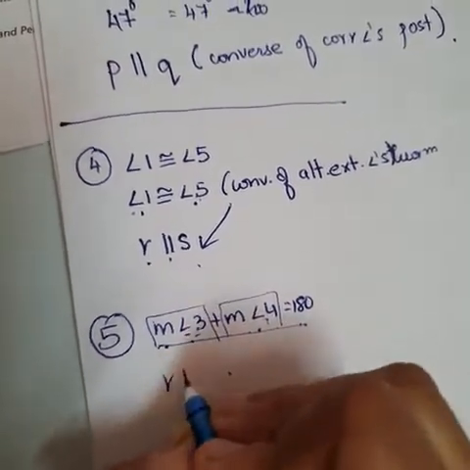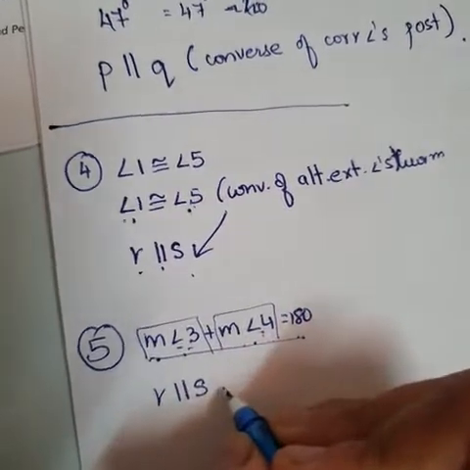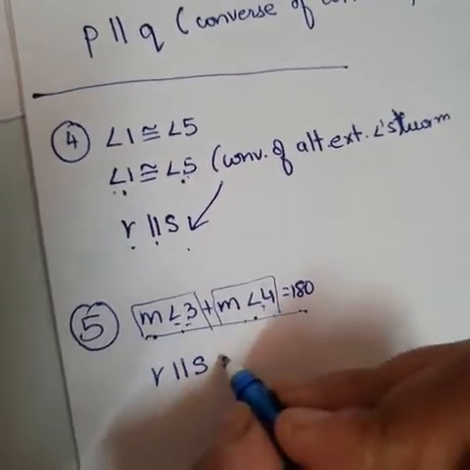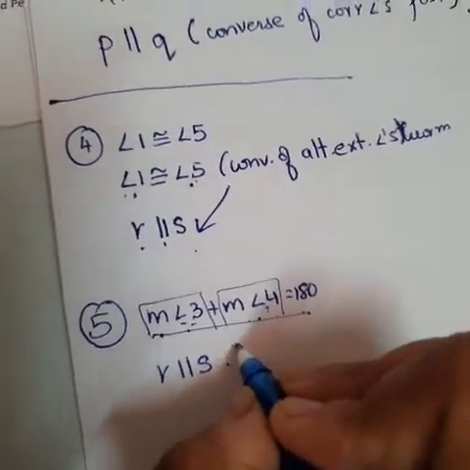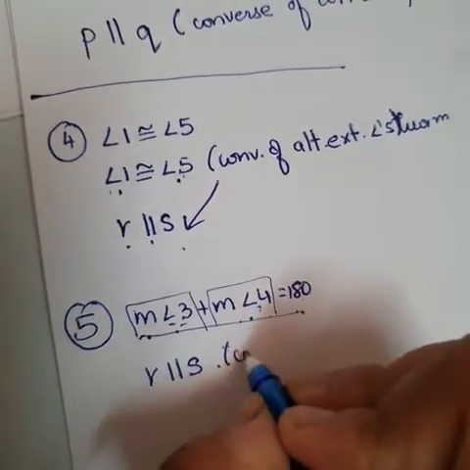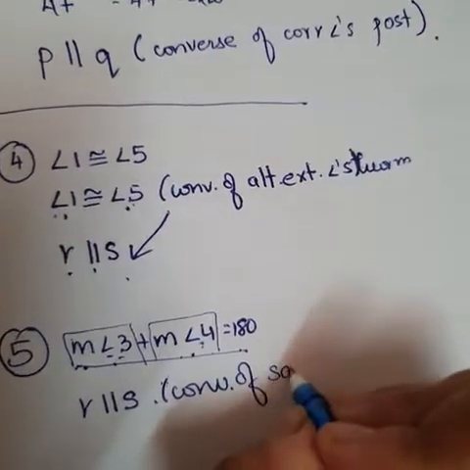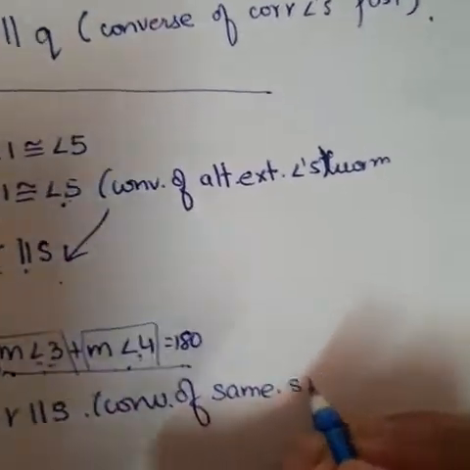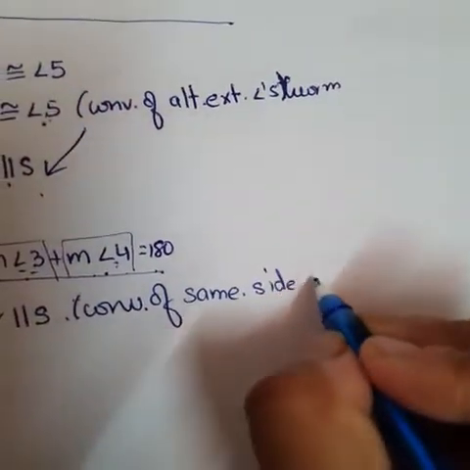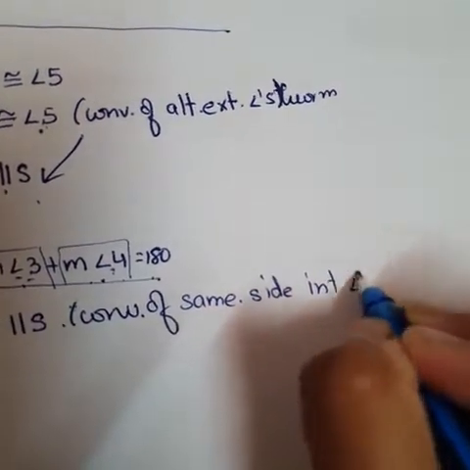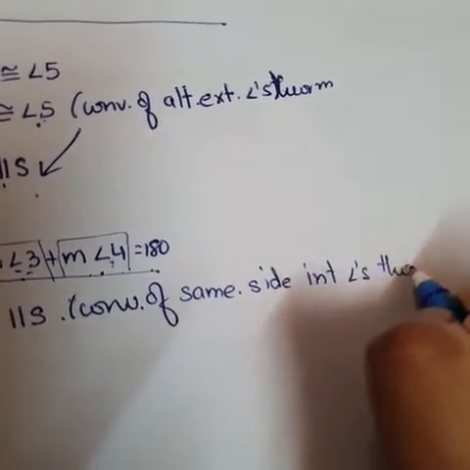So R is parallel to S because of what? Because of the converse of same-sided interior angles theorem.